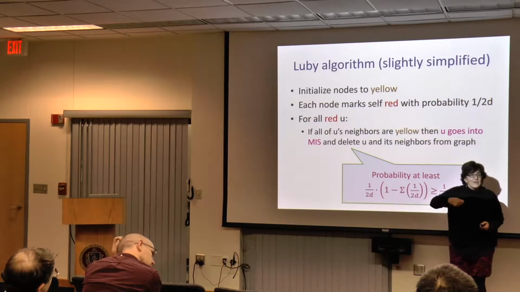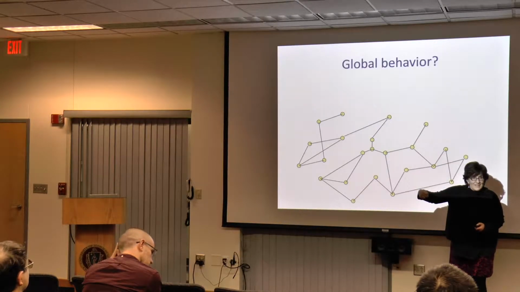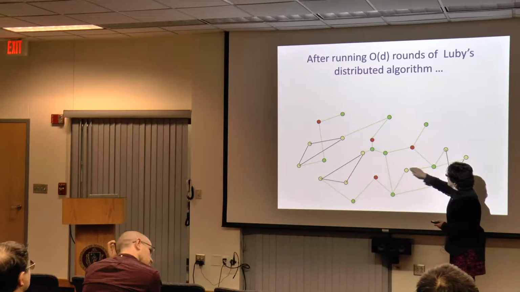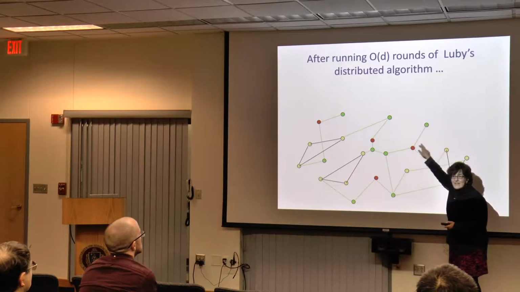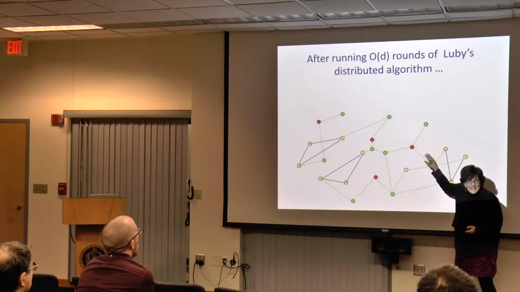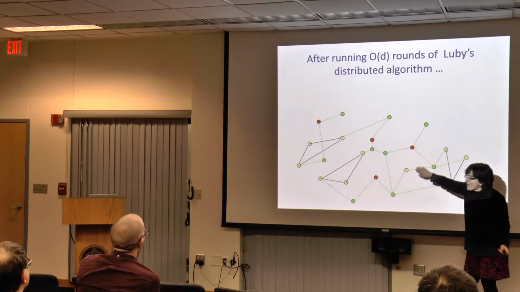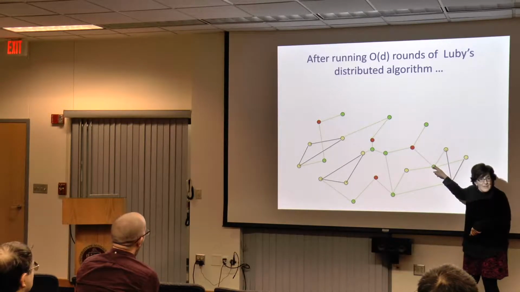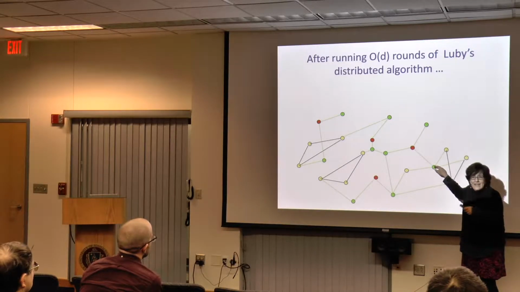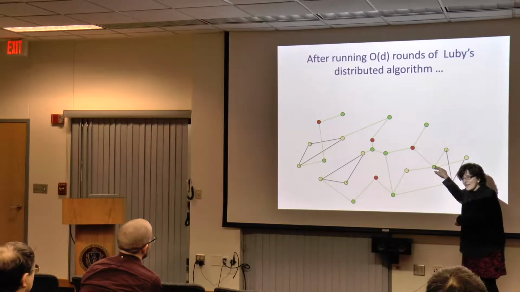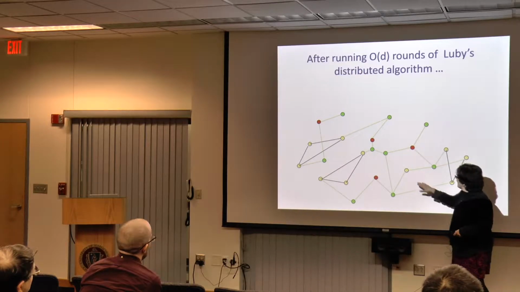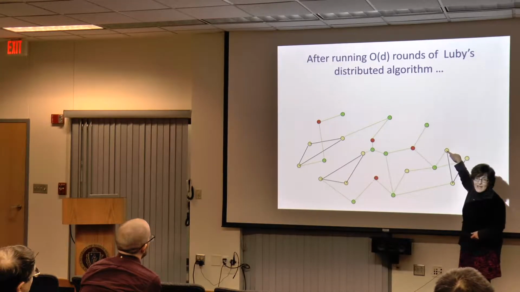We're simulating a node's view of it sequentially. So for a node, I have to look at its neighborhood, simulate what Luby's algorithm would have done in the whole neighborhood, and figure out if I would have picked myself or I would have picked my neighbor, and if I would be alive or dead at this point. Like, would I be in the maximal independent set?